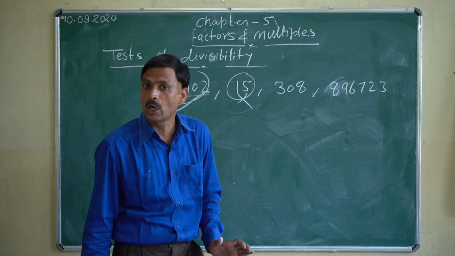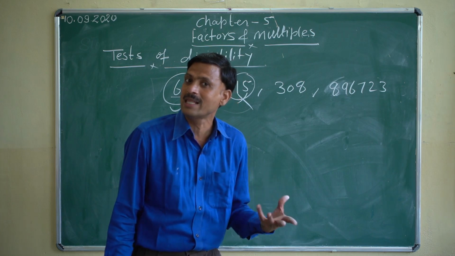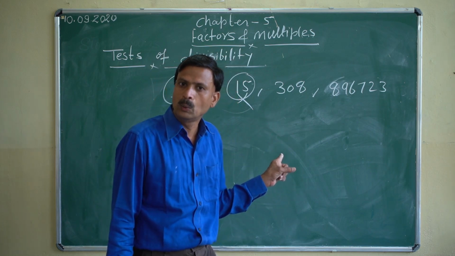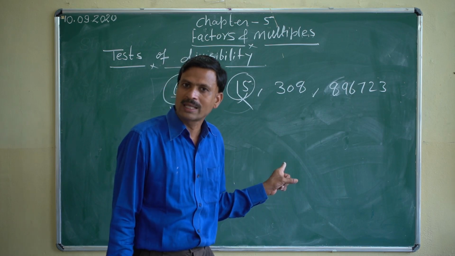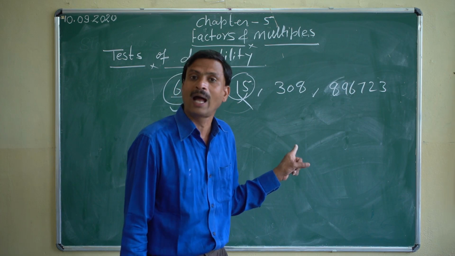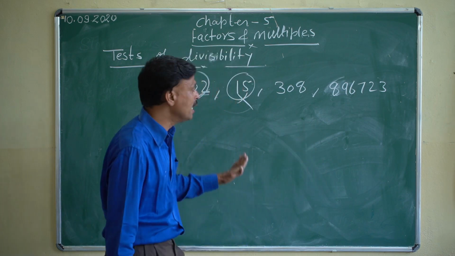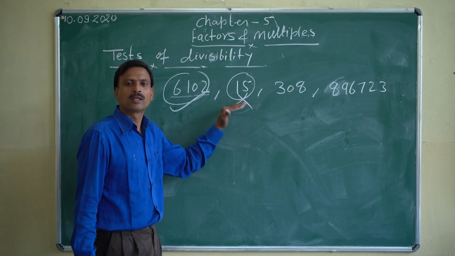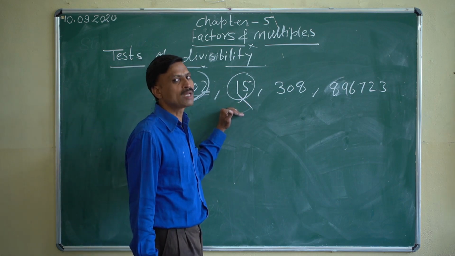The divisibility rule of 6 is that the number must be divisible by 2 and 3 both. So it is not divisible by 2, and even though it is divisible by 3, the number will not be divisible by 6.